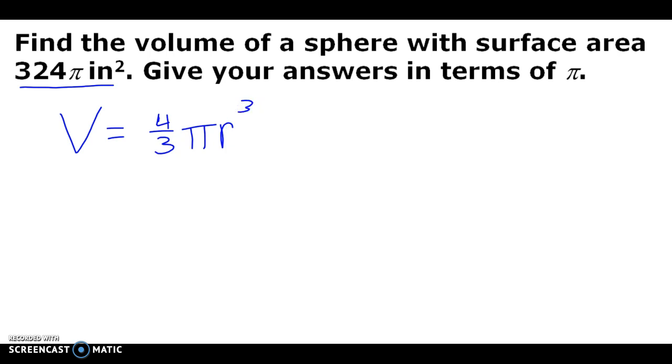Right, we have to reverse the surface area formula. The surface area is 4 pi r squared, and we know what the surface area is. What am I going to put in that place? 324 pi.